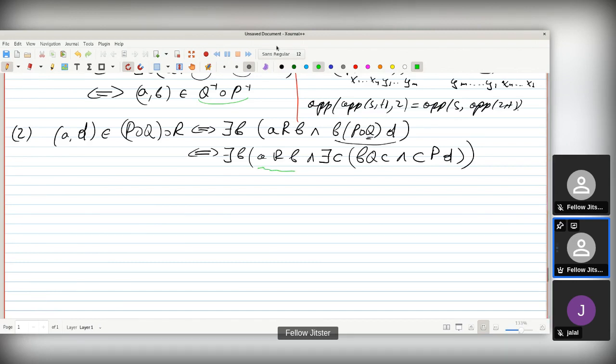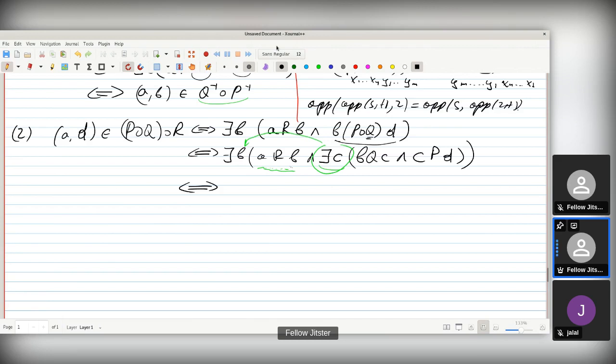Does the left term depend on C? No. It doesn't. So that means that we can move this quantifier out. You know, there exists C such that today is Thursday and C is even.